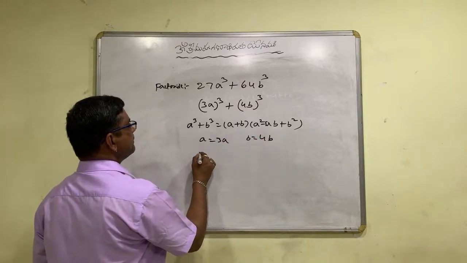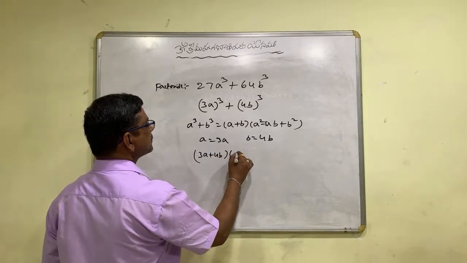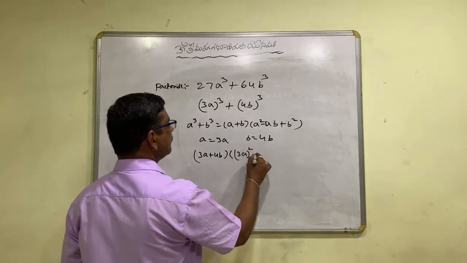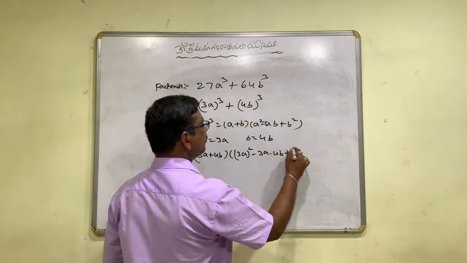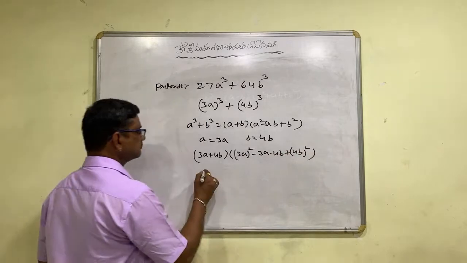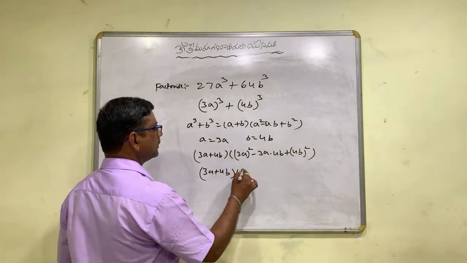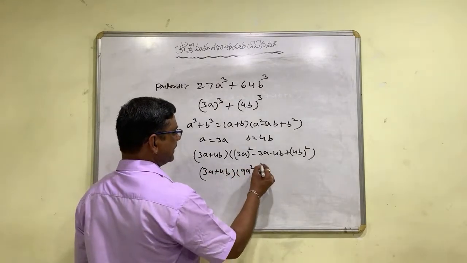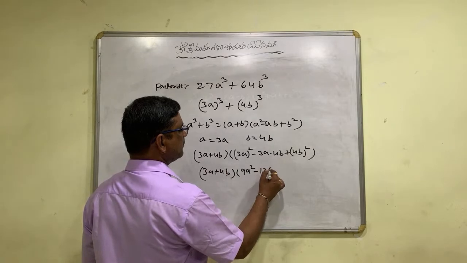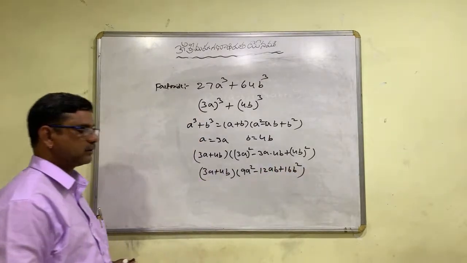So a plus b means 3a plus 4b into a square, 3a square, minus 3a into 4b, plus 4b whole square. So 3a plus 4b into 9a square, since 3a whole square is 9a square, minus 3 fours are 12ab, plus 16b square.